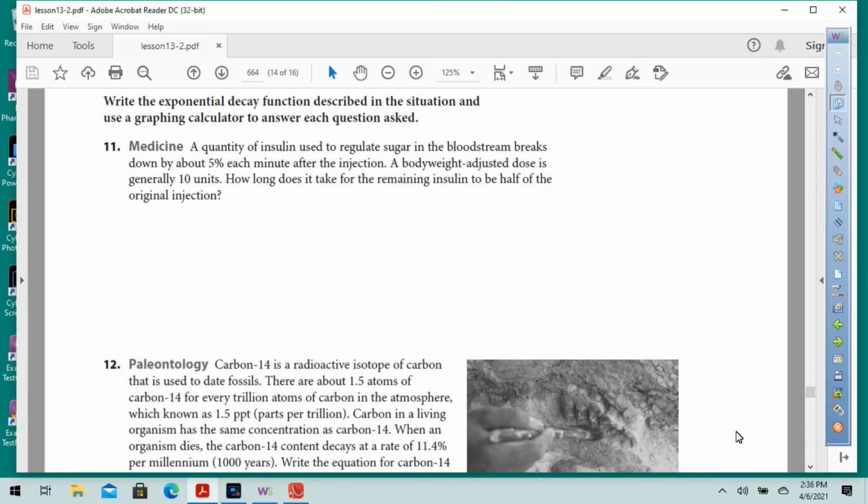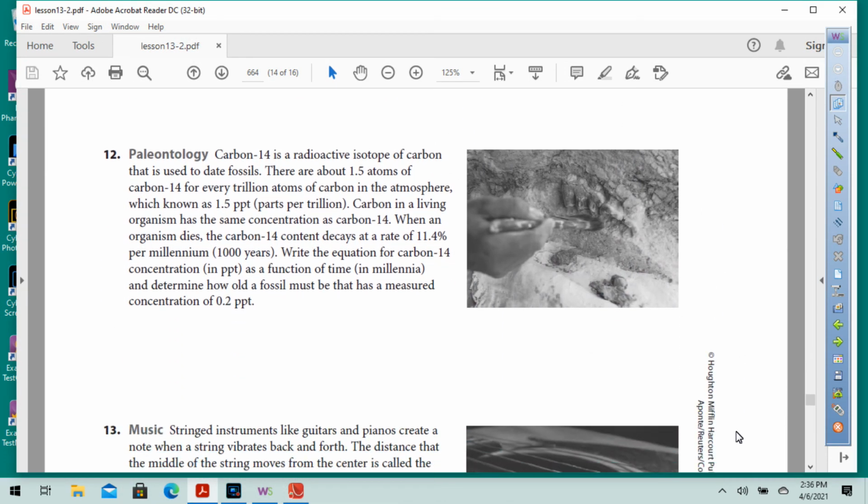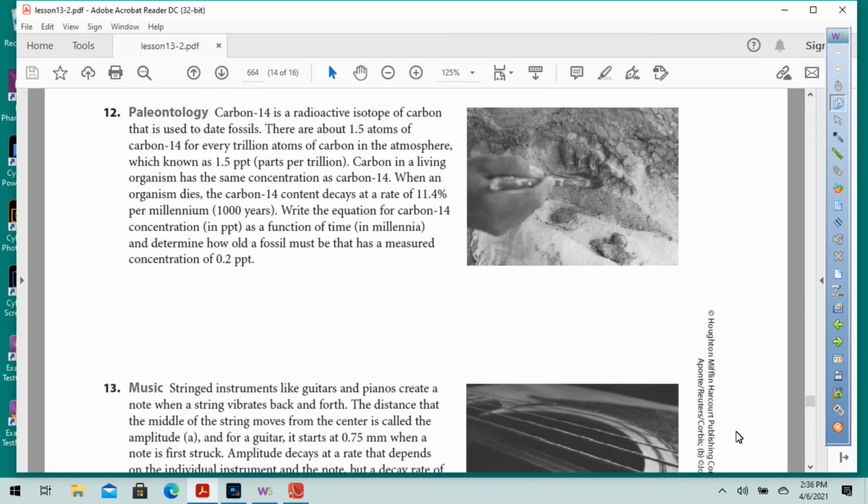Let's try number 12. Carbon-14 is a radioactive isotope of carbon that is used to date fossils. There are about 1.5 atoms of carbon-14 for every trillion atoms of carbon in the atmosphere, which is known as 1.5 parts per trillion. Carbon in a living organism has the same concentration as carbon-14.